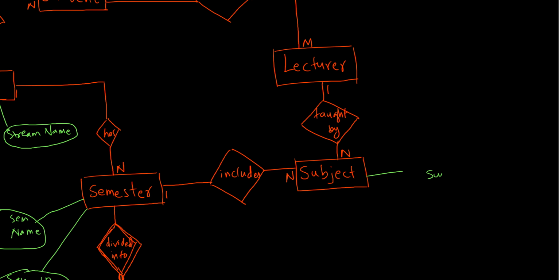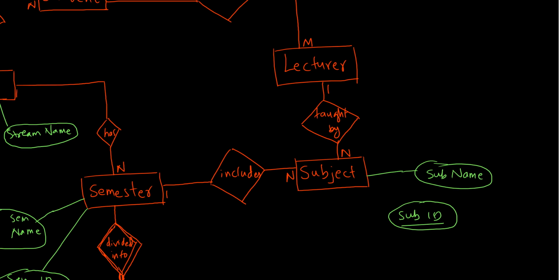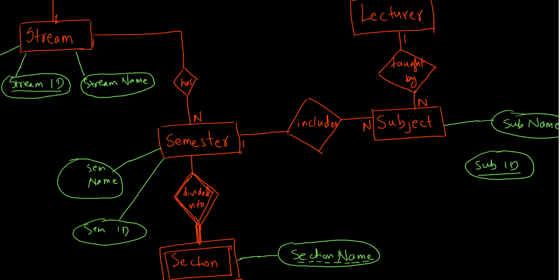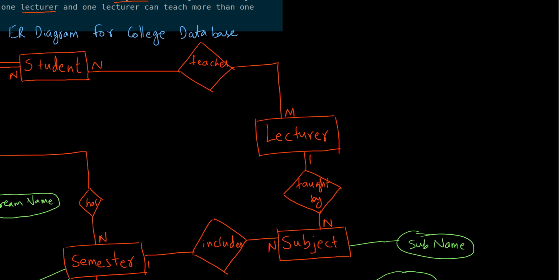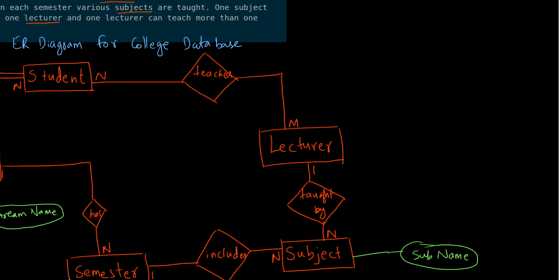Subject name, subject ID, this can be primary key here, and in semester this could be the primary key. Lecturer name, lecturer ID.